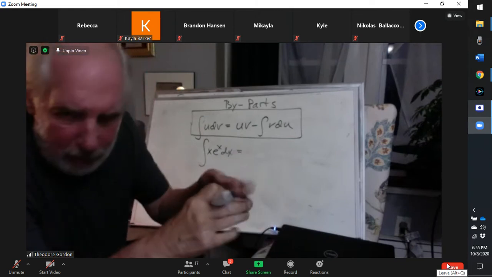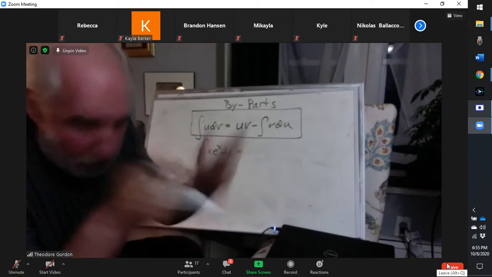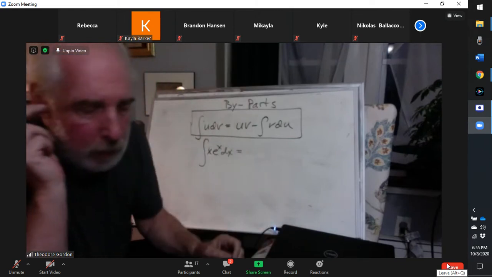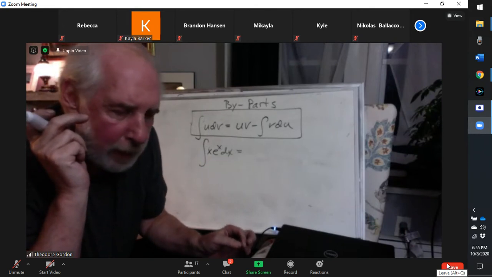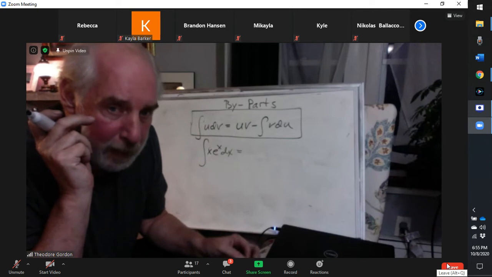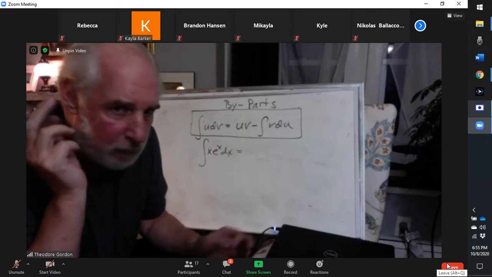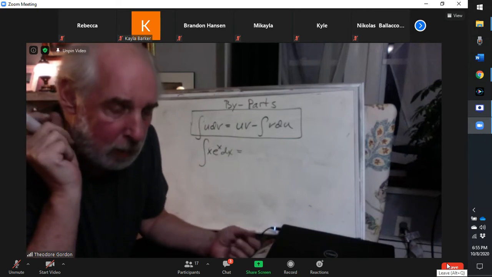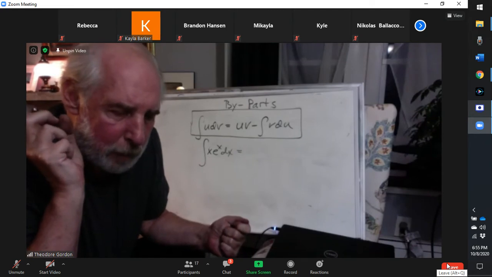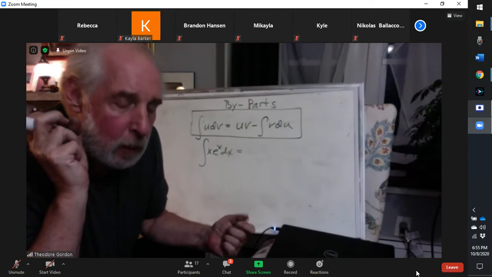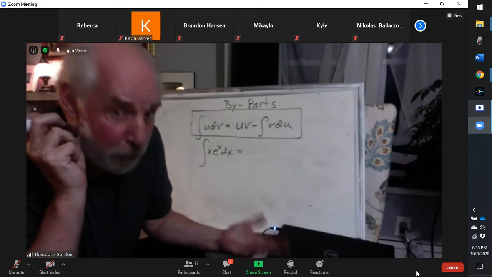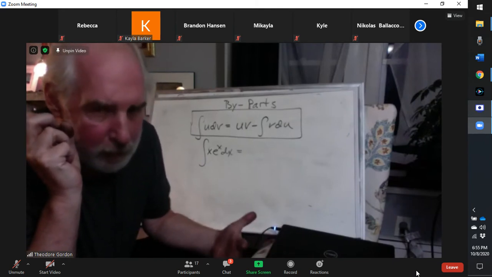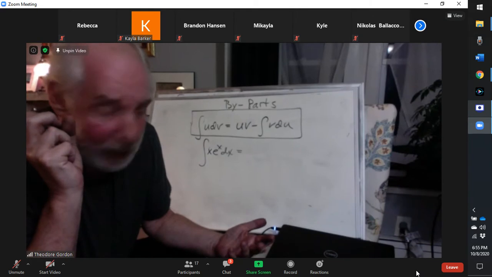You manipulate the function inside so it looks different. Now maybe something will work. When we're doing integration, there aren't any rules where I can tell you, always do this. It just doesn't work that way. The best I'm going to be able to help you with is, when you see a function that looks like this, try this method first. If it doesn't work, then try this one. That's about as good as it's going to get here.